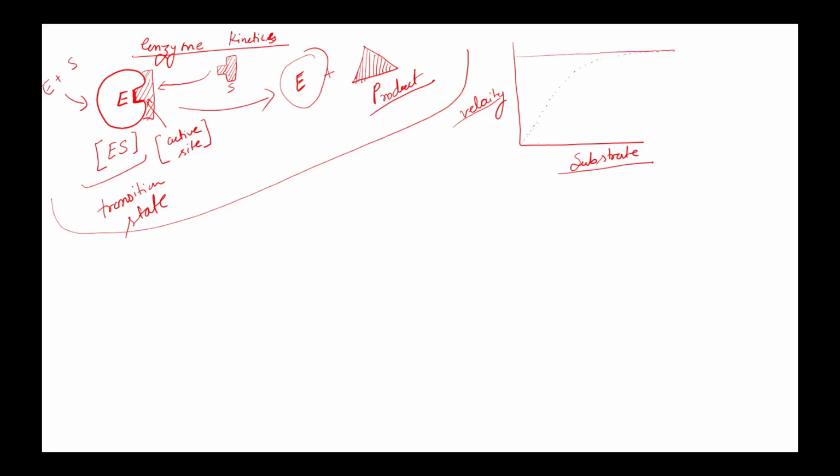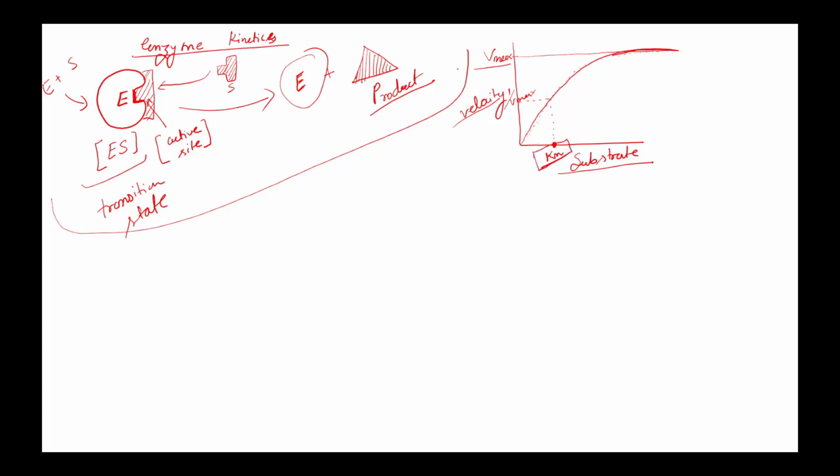This is the point where maximum velocity has been achieved, called the Vmax of the reaction. And half of the Vmax, the substrate concentration at which the reaction reaches half of the maximum velocity, is called Km, the Michaelis-Menten constant.